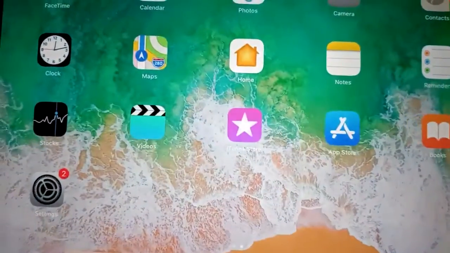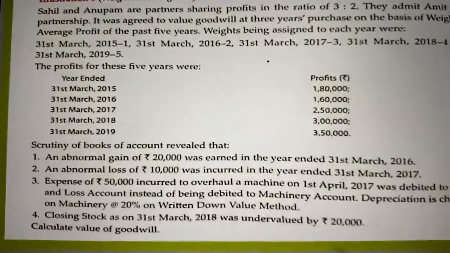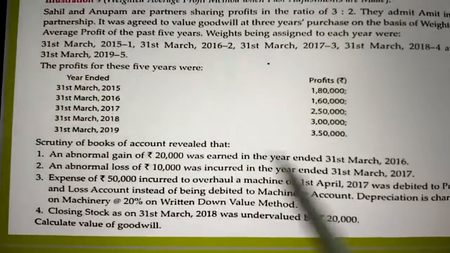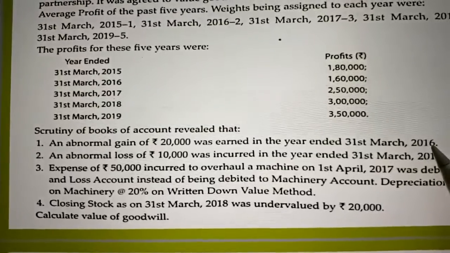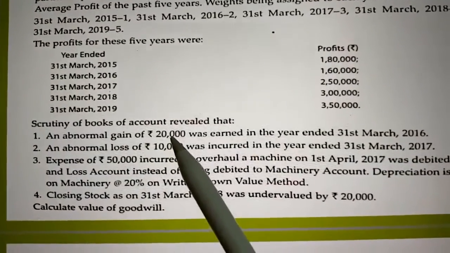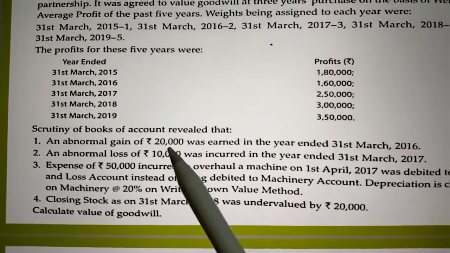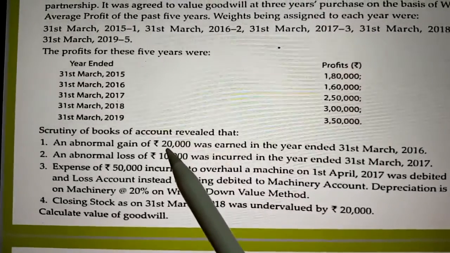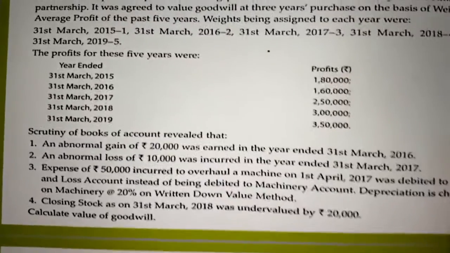Then we will see the adjustments. The first adjustment is for the year ended 31st March 2016, that is an abnormal gain of rupees 20,000. So abnormal gain should be deducted from 2016.